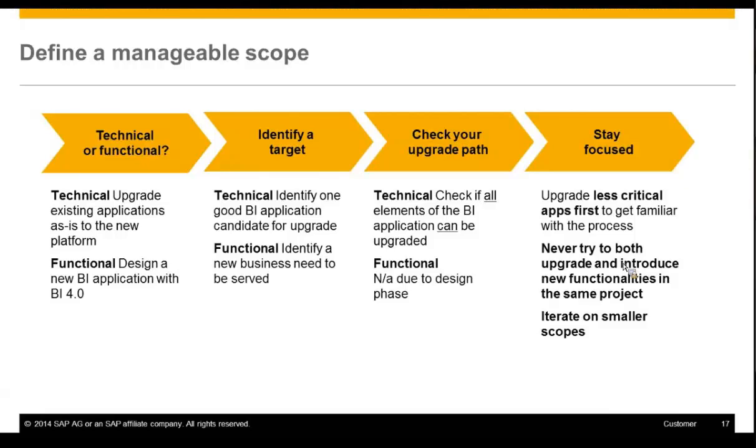Whether you're going to upgrade your existing application as is to the new platform, and then create your new applications, new projects in BI 4.0 or 4.1. And then identify the target. It's very important, in all the escalations and migration projects that I worked on, to understand and identify a key candidate project for your upgrade.